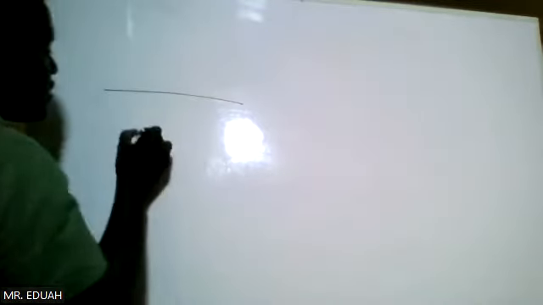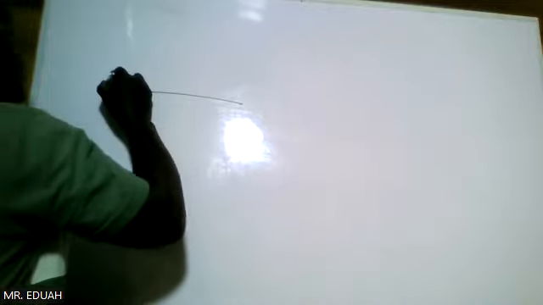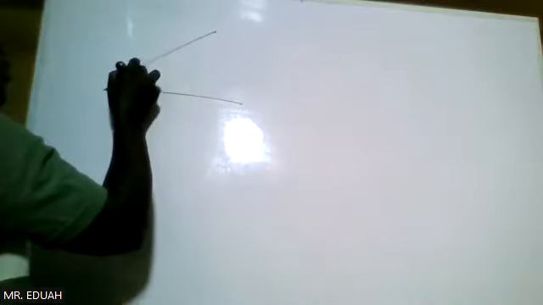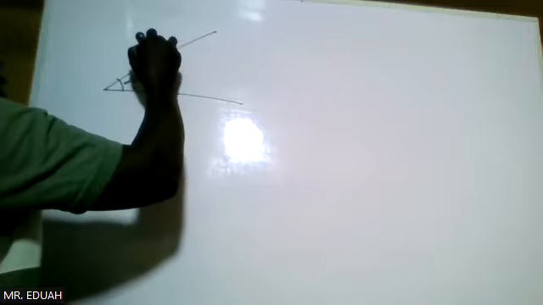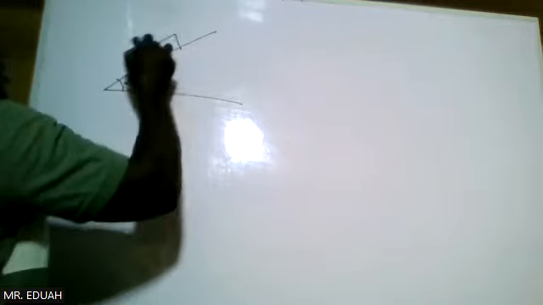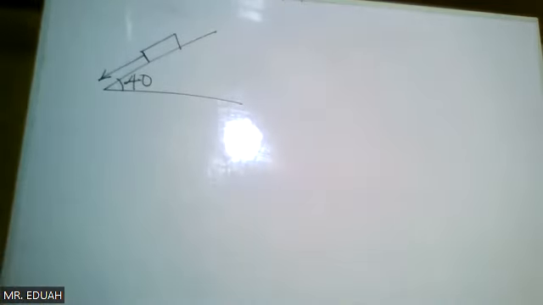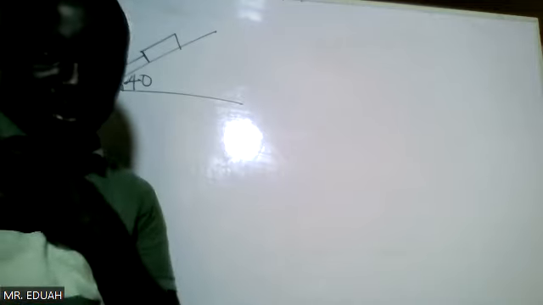So if this is the horizontal, the roof is inclined at an angle of 40, and one of the tiles slides down the roof. Assuming the roof is smooth, find the acceleration.